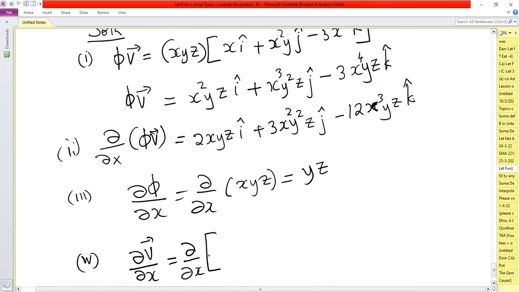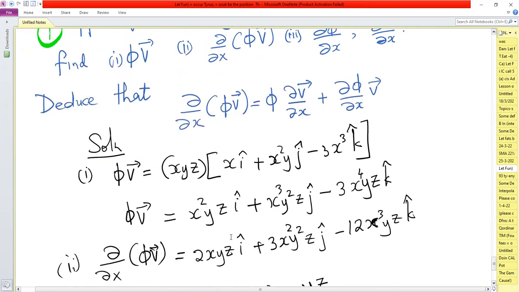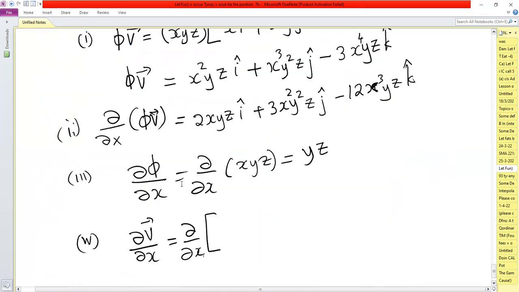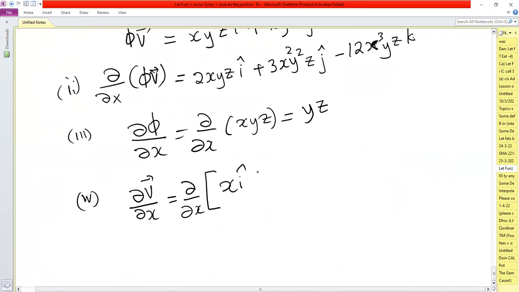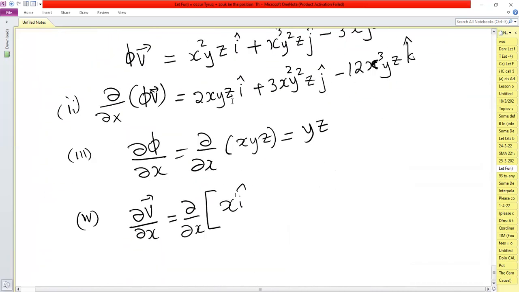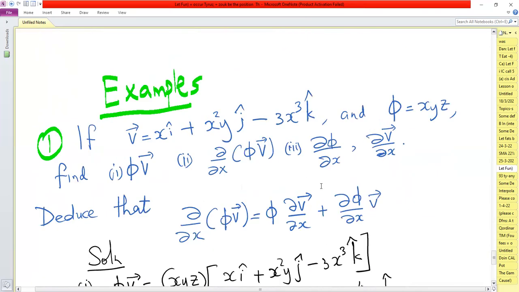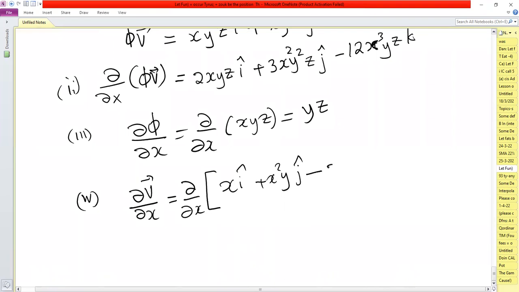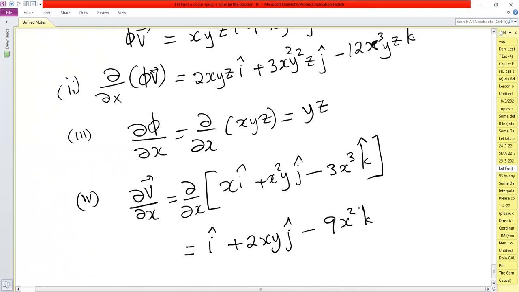Now the v vector is given by xi plus x squared yj and then minus 3x cubed k, which will be given by i plus 2xyj minus 9x squared k.